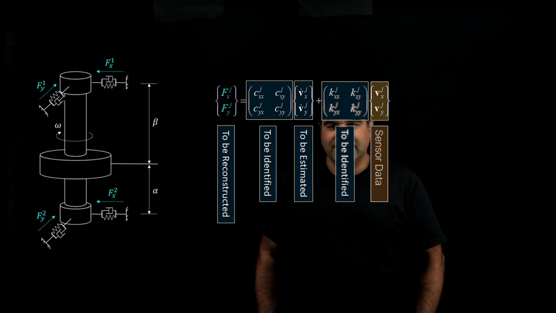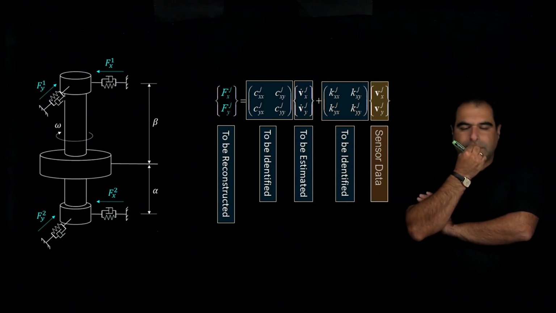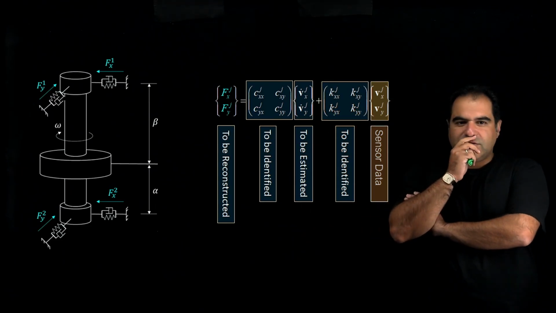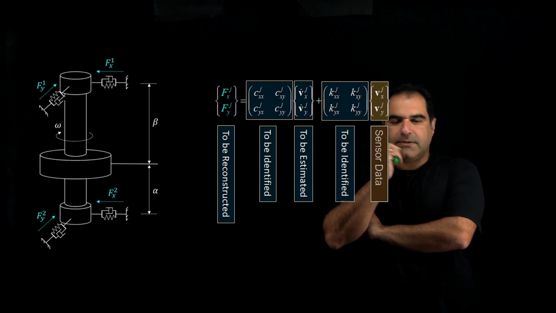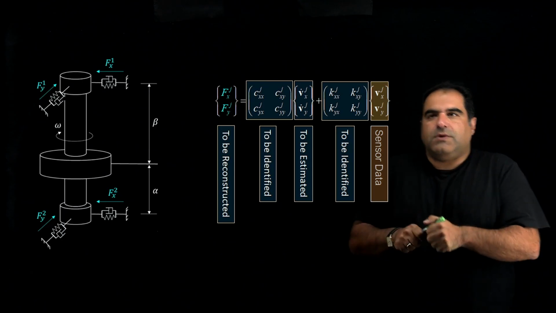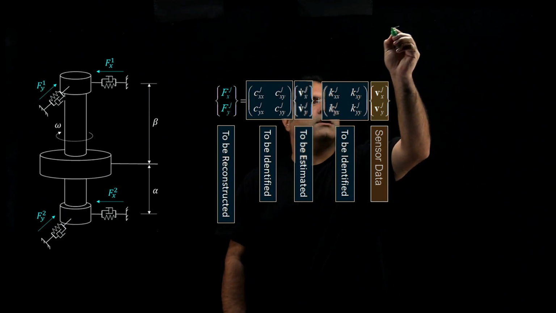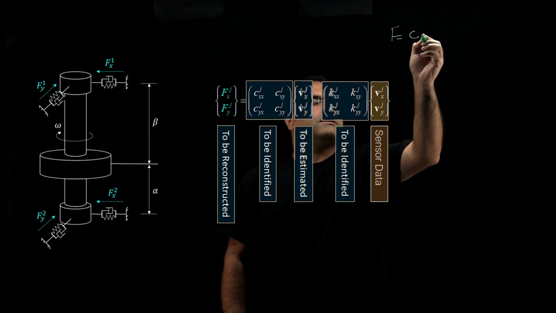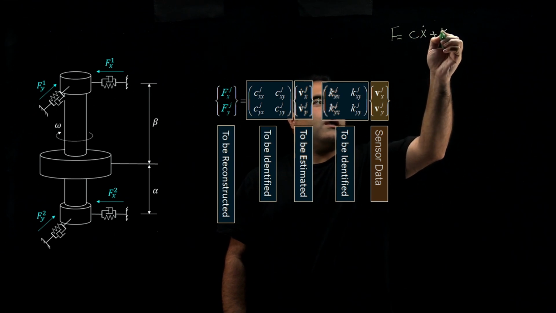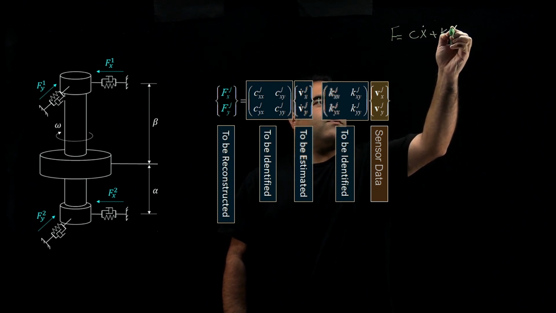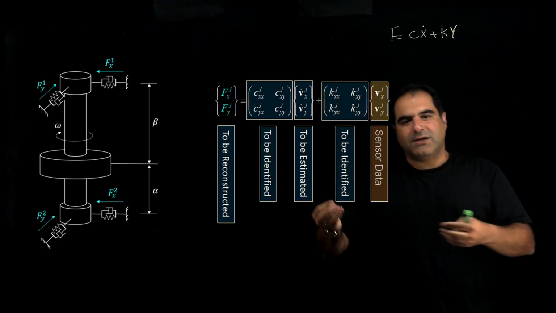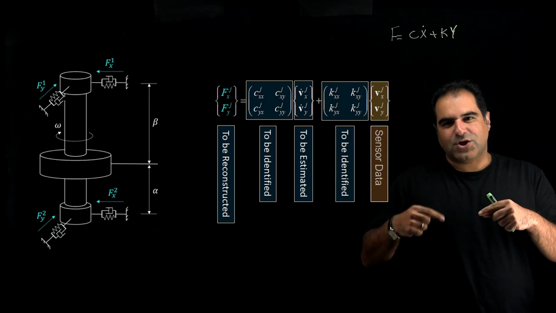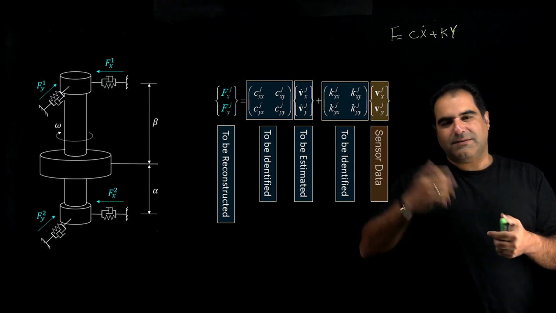First of all, let's look at the basic equation. This is the force-displacement relationship. The simple force is equal to Cx dot plus Kx. This is the restoring force in the bearing. Because for this system we have the force in 2 directions, and the stiffness and damping in 2 directions, we write it in matrix form.